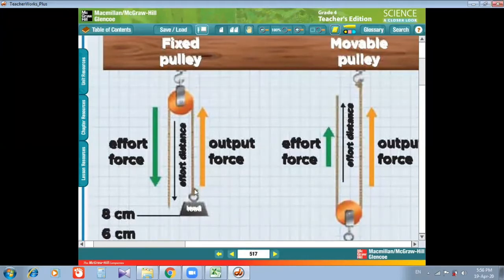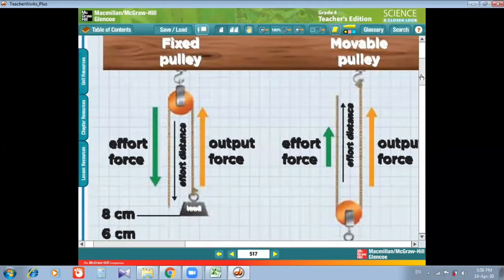At one end of the rope we attach the load, at the other end we are just pulling it down. So the effort force is in the downward direction, and the output force, the load, is moving up in the upward direction. So the fixed pulley just changes the direction of the force.